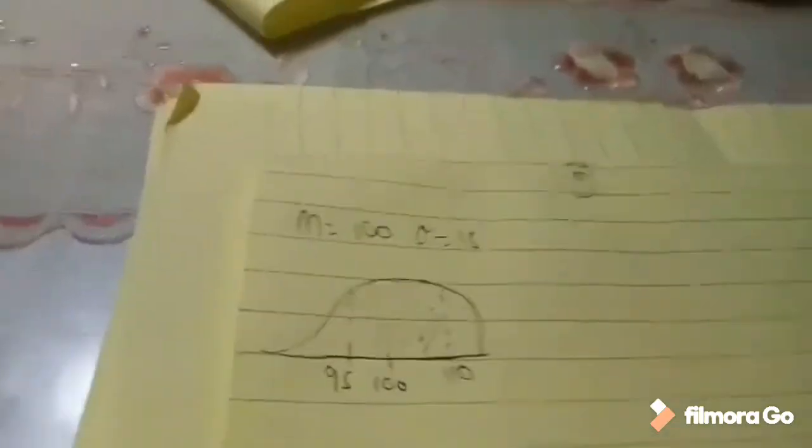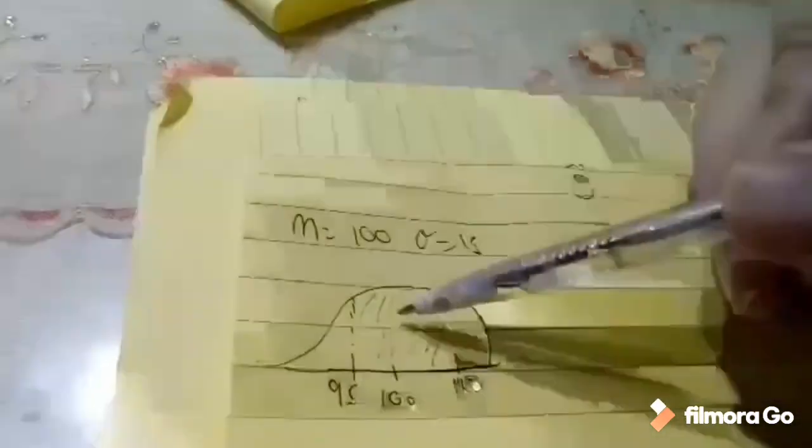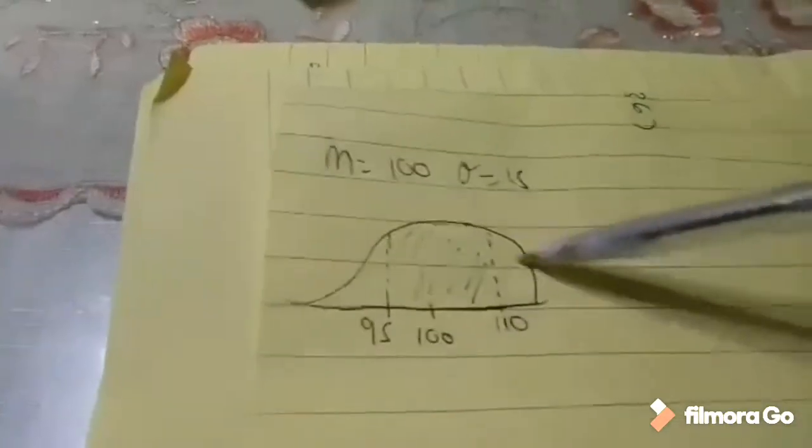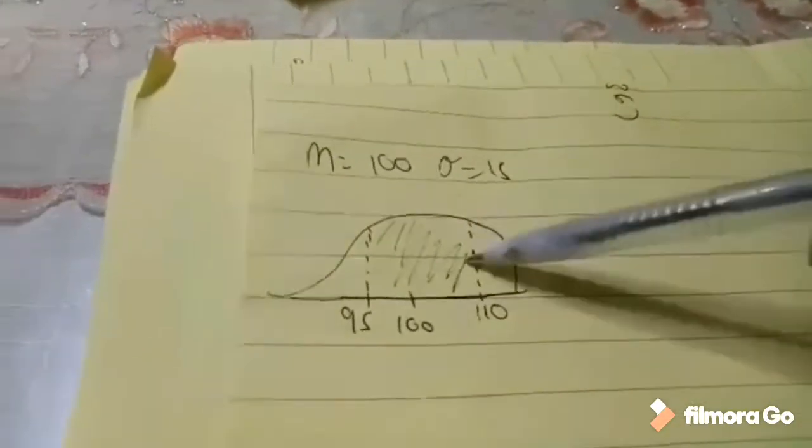So we need to calculate the area of the region we shaded, the area between 95 and 110.